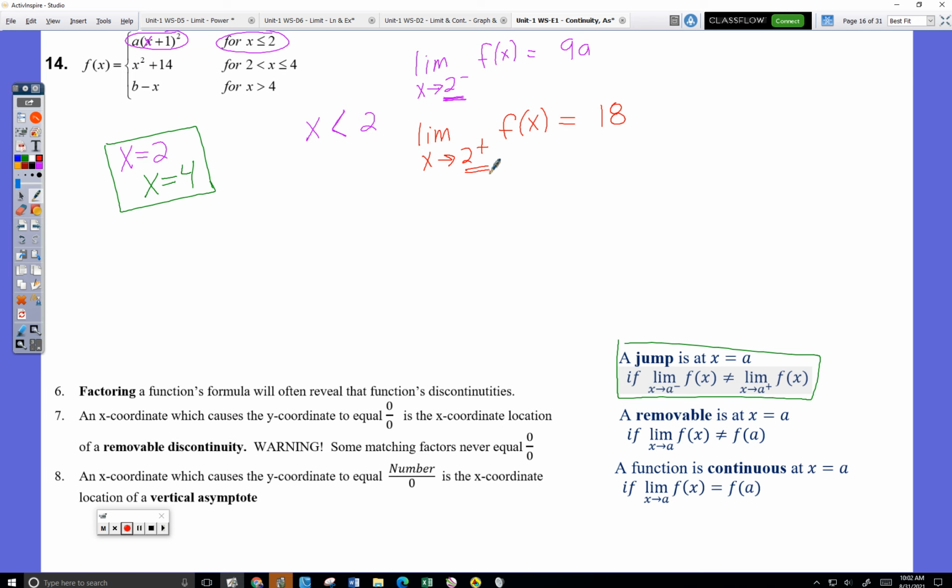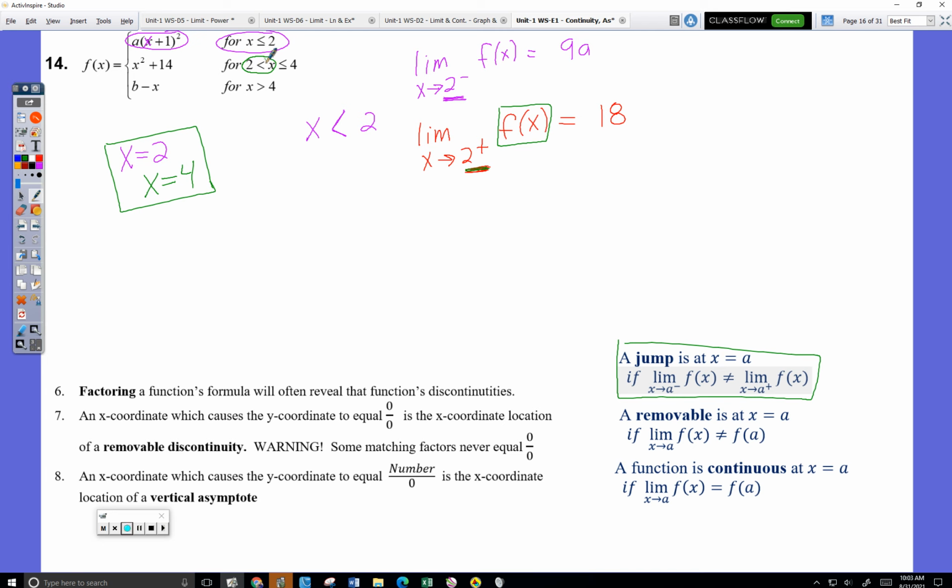So limit means for this x value, go find the y coordinate. So we look over at our formula and say, do we use the top, middle, or bottom formula when we have an x value that is slightly more than 2? Which one do we use? It says right here, if x is more than 2, you got it now?